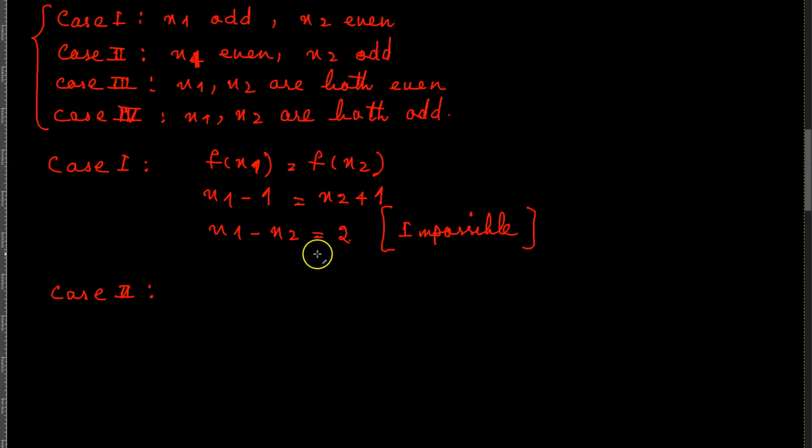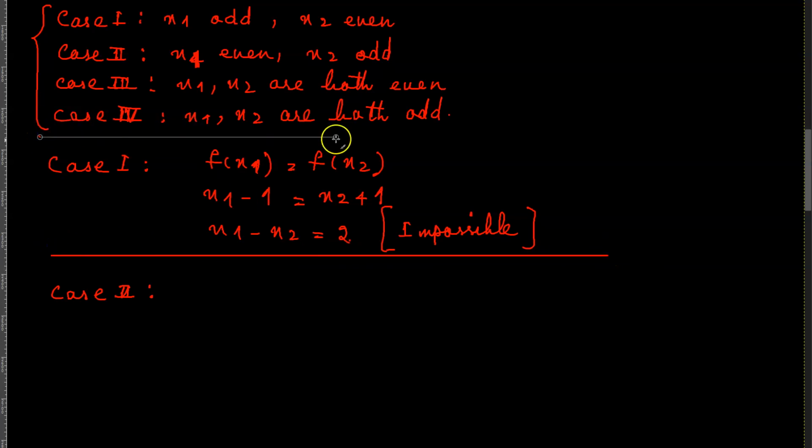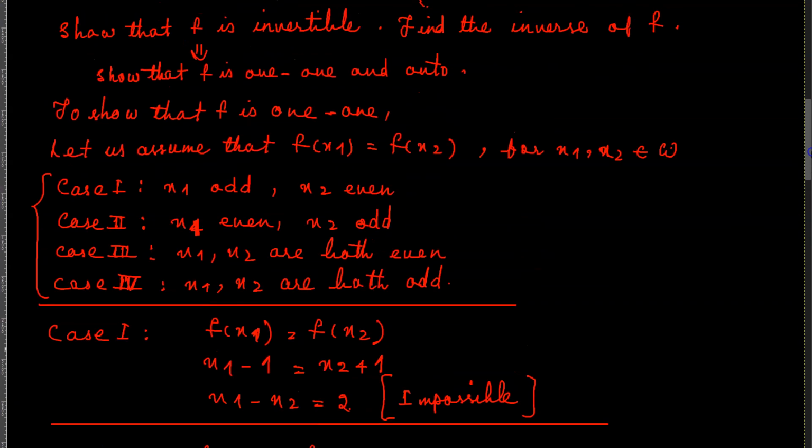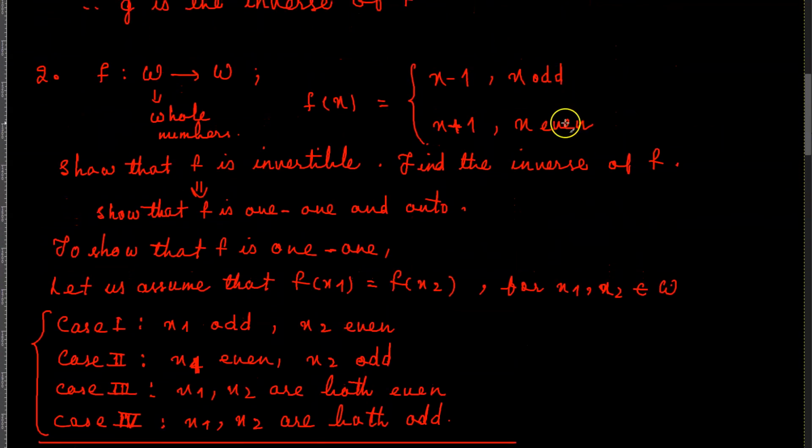And basically what I'm assuming here is that f of x1 is equal to f of x2. Now, if x1 is even, then f of x1 becomes x1 plus 1.